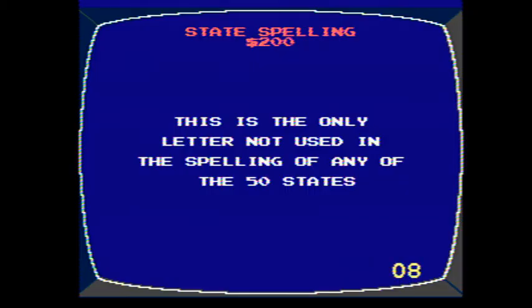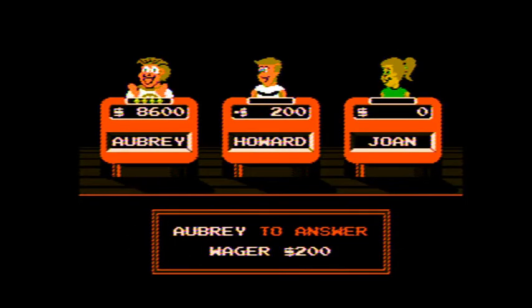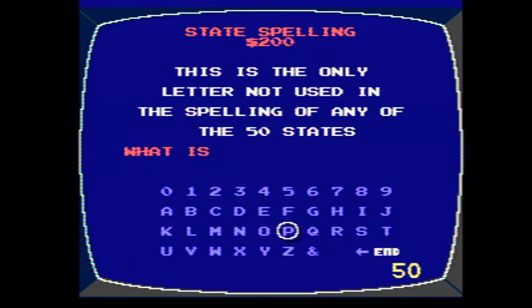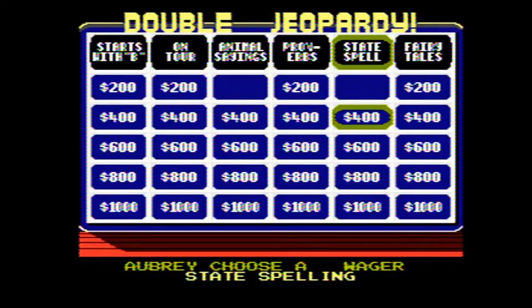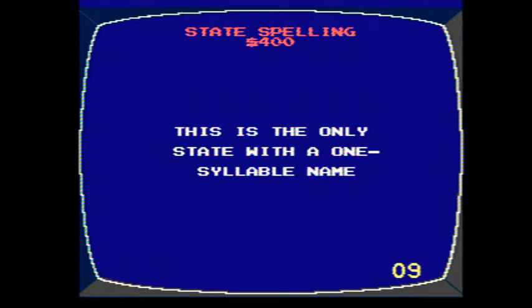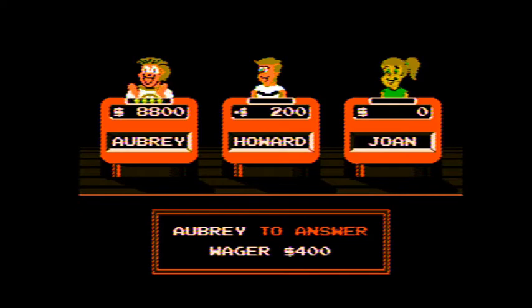This is the only letter not used in the spelling of any of the 50 states. What is Q? State spelling for 400. This is the only state with a one-syllable name. What is Maine?